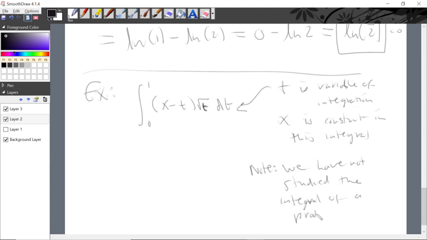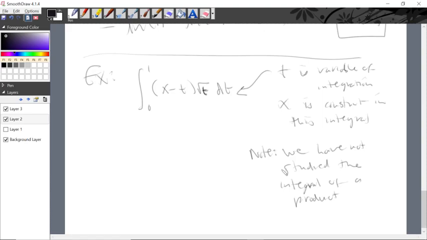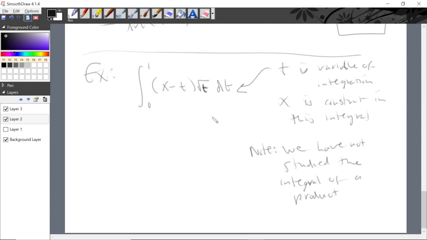There is a special rule for taking the integral of a product, much like there was a special rule for taking the derivative of a product. That is called integration by parts, and it shows up in your next semester of calculus. So instead, because the calculus is going to be too tough the way this is written right now, we should apply some algebra to simplify this. Let's expand it with algebra.